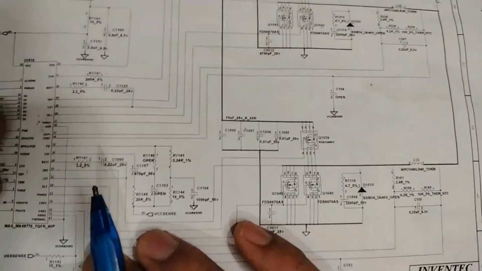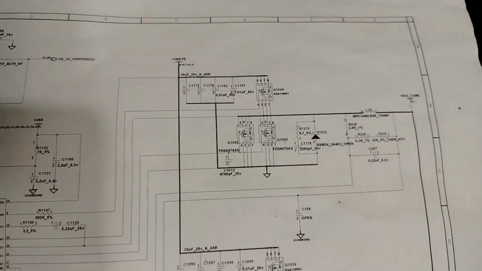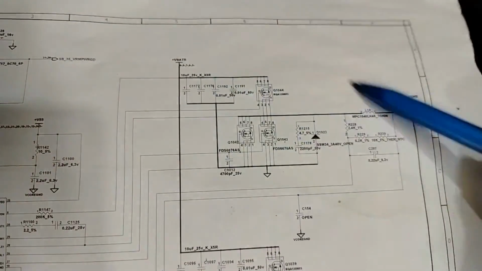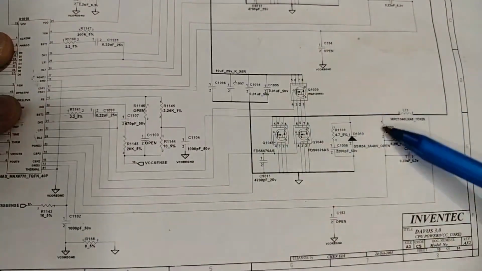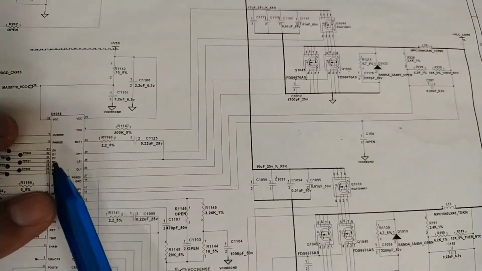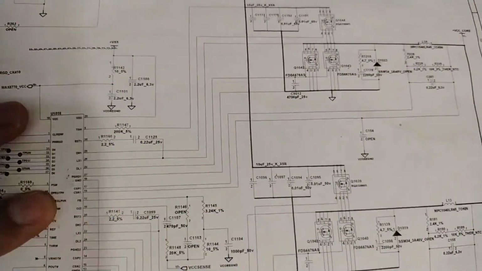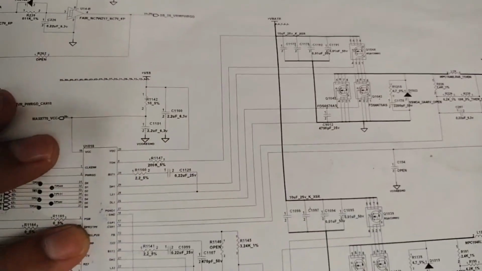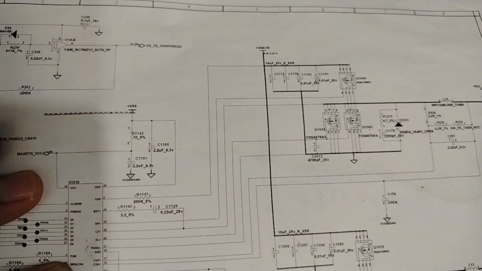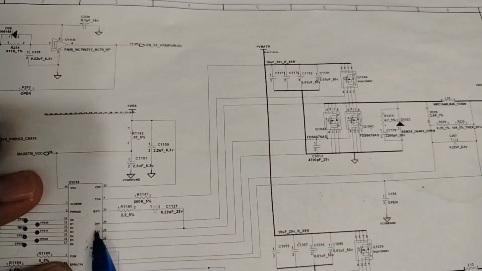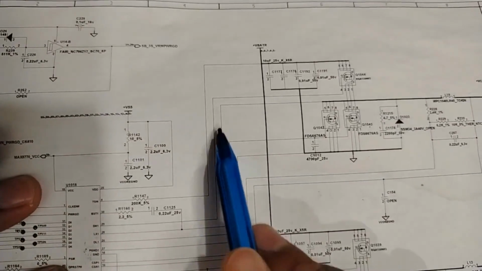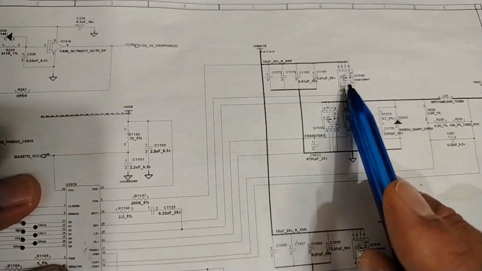After receiving the VIDs, this control IC, my friend, has two channels. We have the first channel and the second channel. So the control IC will send the control signal. Do you see here, my friends? Here we have drive high 1. As you can see, it will go directly to this MOSFET.